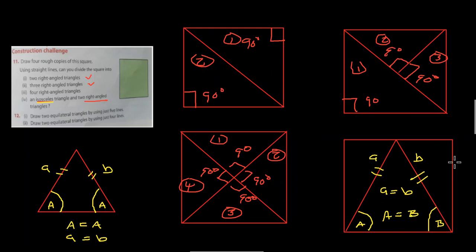Now also, what do we get? We get one isosceles triangle, but then we also get two right angles. So this here is a right angle, and this here is a right angle.